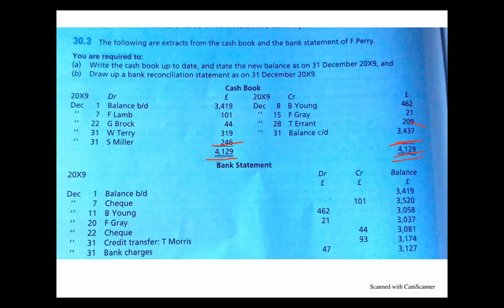Then the difference, this amount which is making them not balance, you record as the balance carried down. So it will make it balance when you sum now. So this is the balance which is there. It's the amount which is making it not balance. All right.